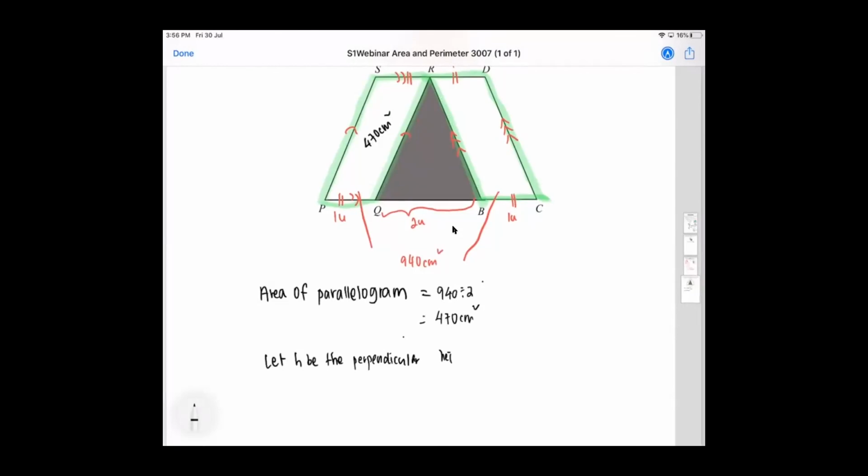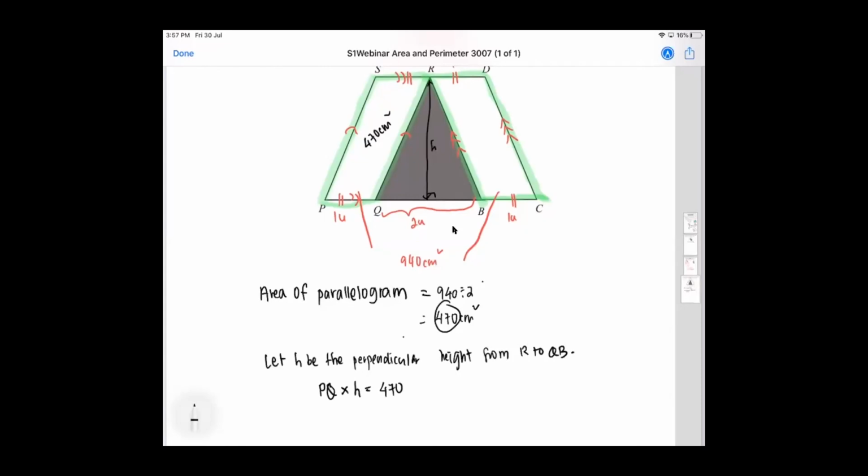We let H be the perpendicular height from R to QB, a 90-degree height. This is H. So the area of this parallelogram using the formula will be base times height, which is PQ times H, which is 470 given.